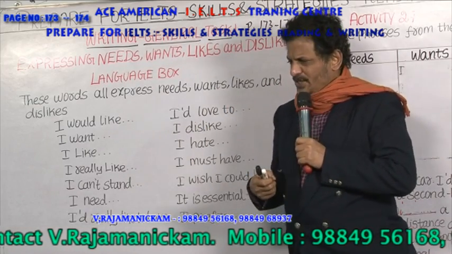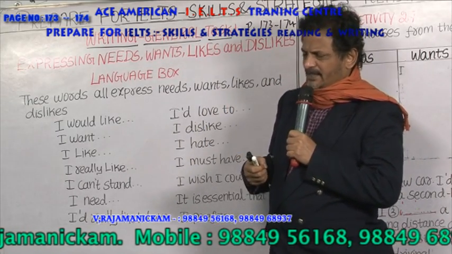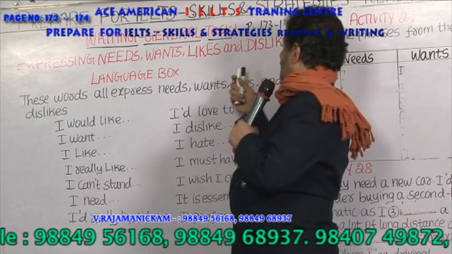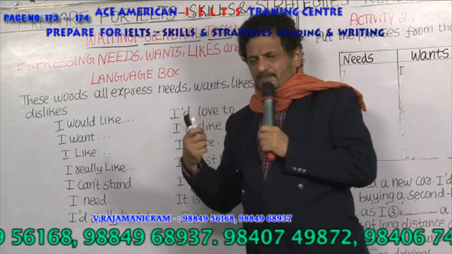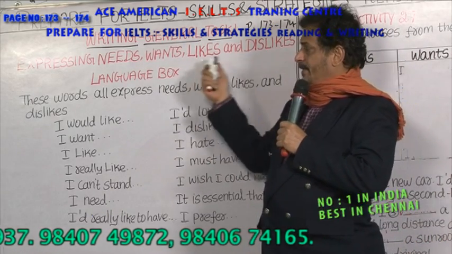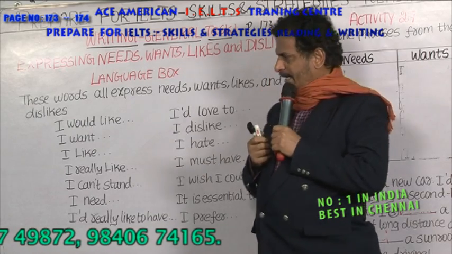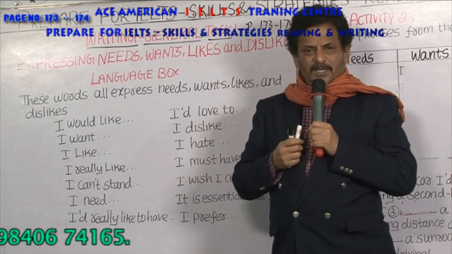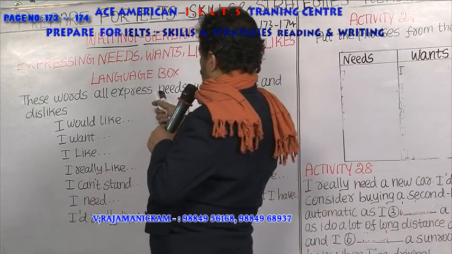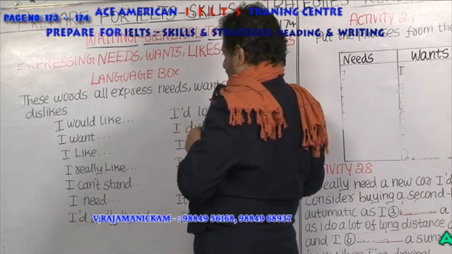Needs and wants are almost similar, synonyms. You want to express your likes and your dislikes. The language box, what do you mean by the language box? These are the words commonly used. That's what the language box is all about. These words all express needs, wants, likes and dislikes.